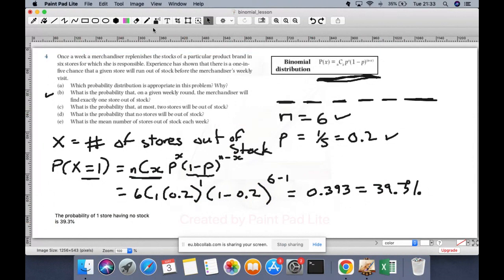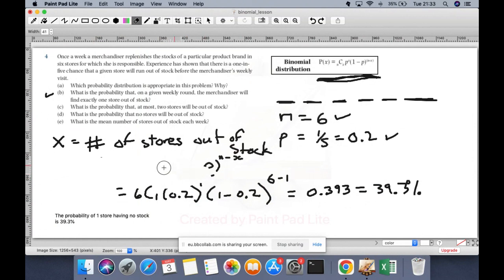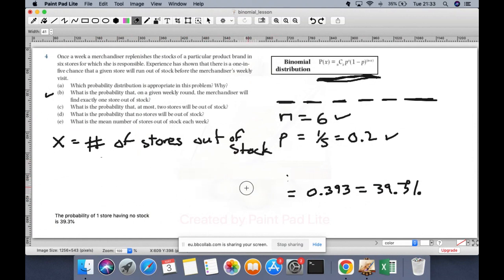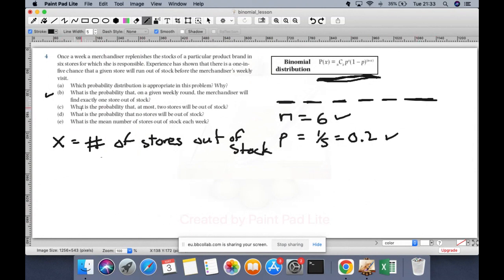Let's do C. I'm just going to erase this. C is, what is the probability that at most 2 stores will be out of stock? When you say at most, that means you include, so you have a less than or equal to.